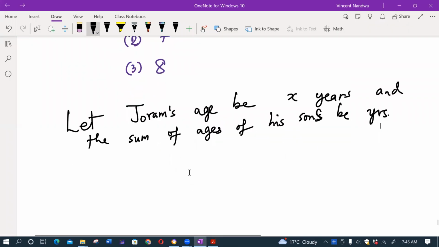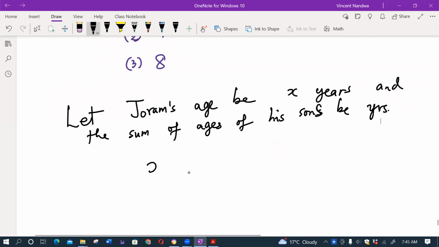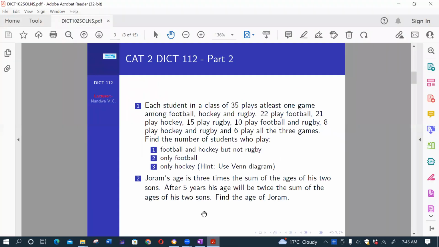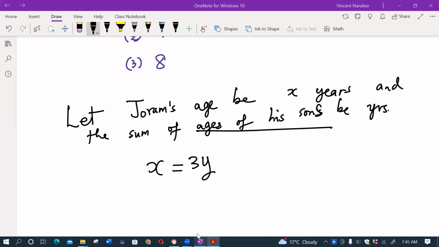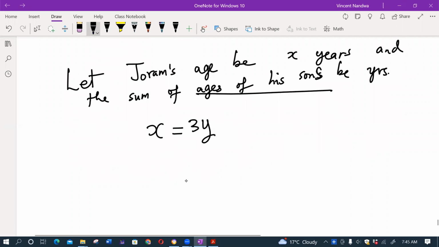So let Joram's age be X years, and the sum of ages of his sons be Y years. This means X, Joram's age, is the same as 3 times the sum of the ages of his sons, which is the same as X minus 3Y equals 0. Call this one equation 1.